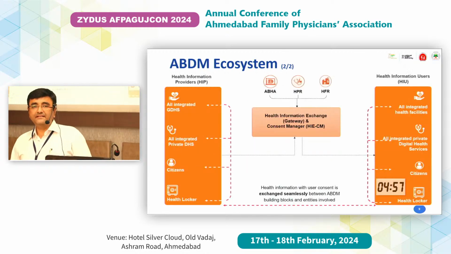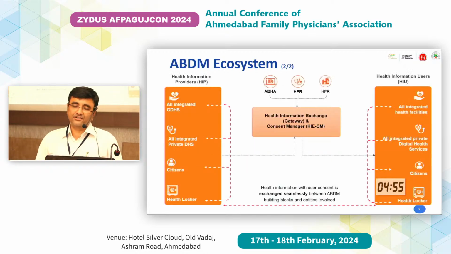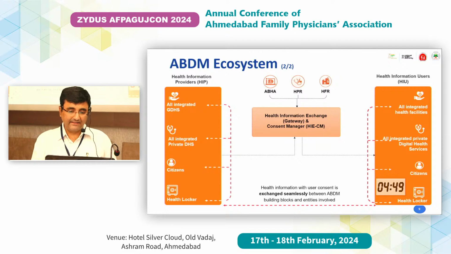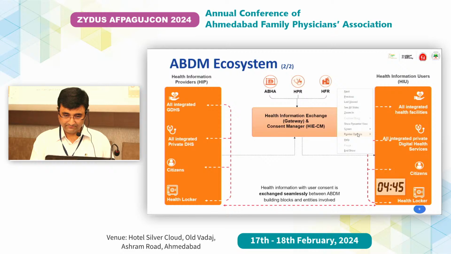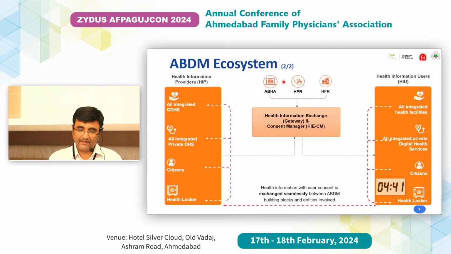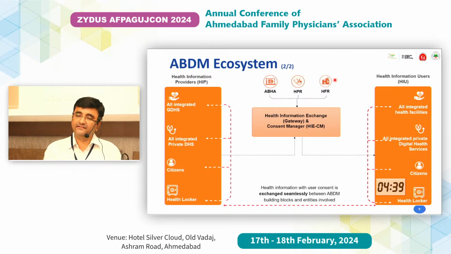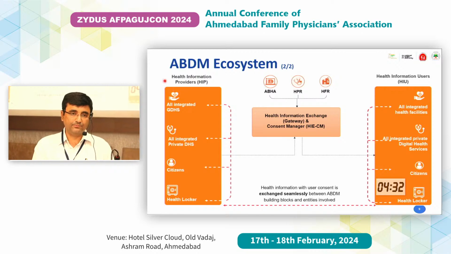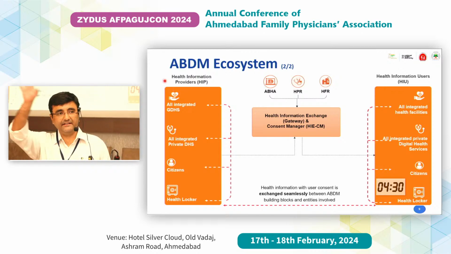So these are the basic architectures or the building blocks of the ABDM ecosystem. As you can see, ABHA, HPR and HFR are the three basic building blocks. On the left-hand side, you can see the health information providers, from where the data is provided.